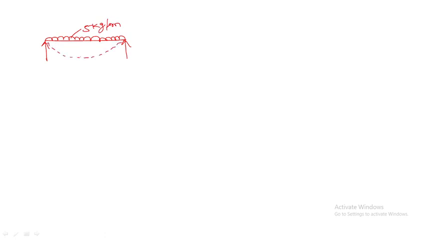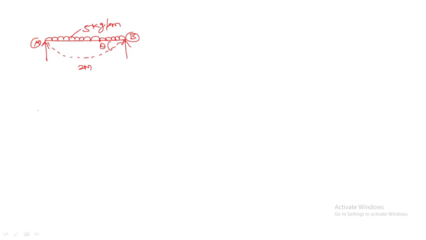So this is the elastic curve, and the total distance is 2 meter, right? This is a slope here, and these are the supports A and B. They are asking what is the slope at the end of this simply supported beam of span 2 meter.